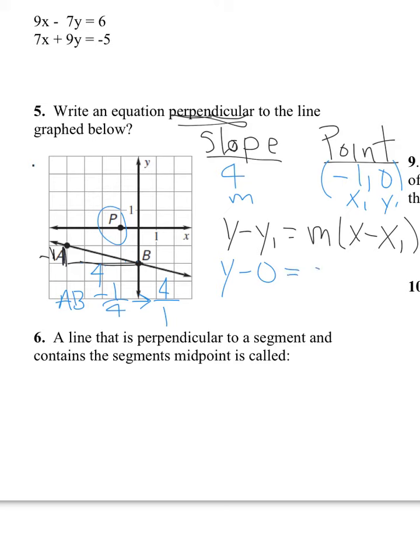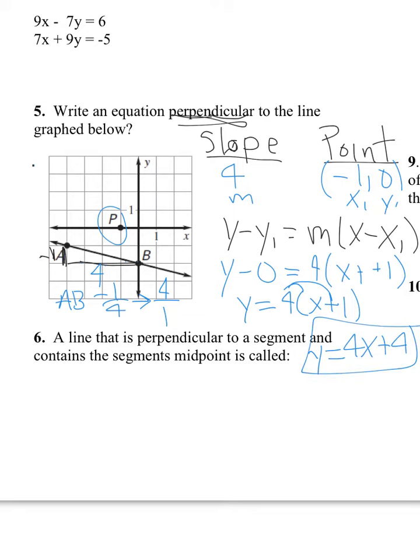M is the slope 4 times x minus x sub 1, negative 1. Right here in the parentheses, minus negative becomes positive. So when we rewrite this, it's y equals 4 times x plus 1. You have to distribute: y equals 4x plus 4. And that is your perpendicular equation.